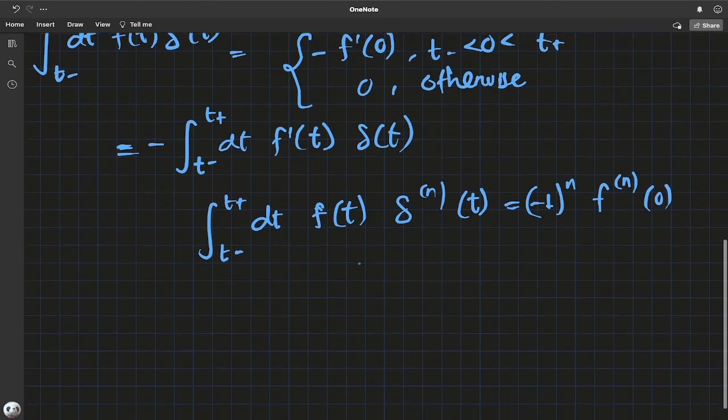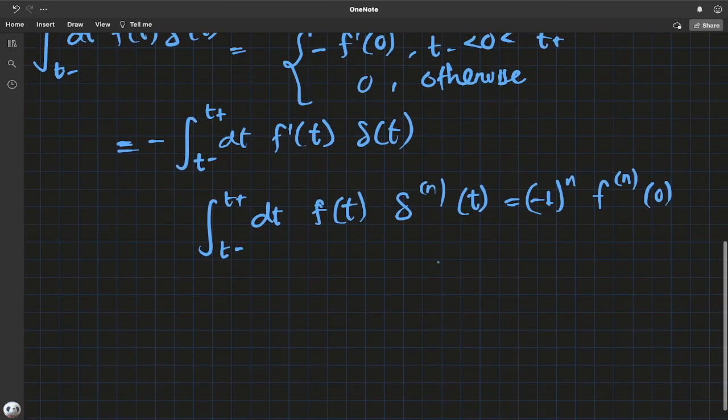Again, we want f to be continuously differentiable, so we assume that f of t is C^n, which is n times continuously differentiable. It should exist and be differentiable n times, which again is a valid assumption in whatever case you're working on.